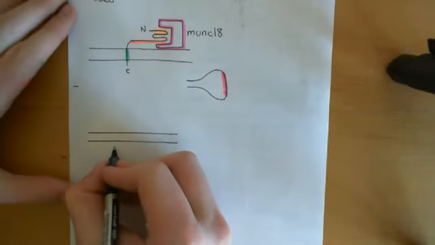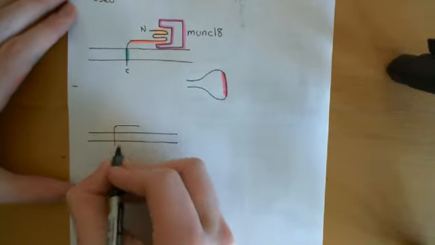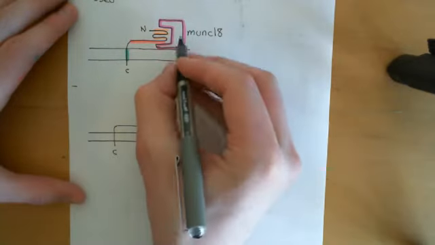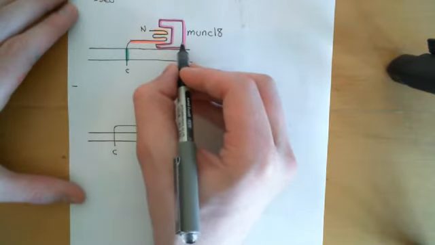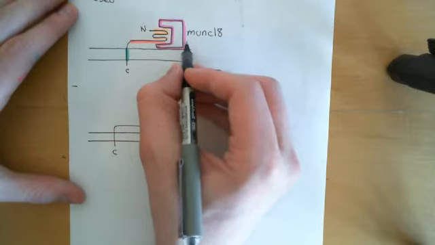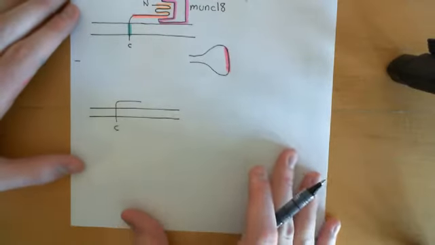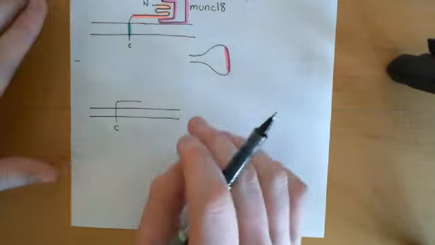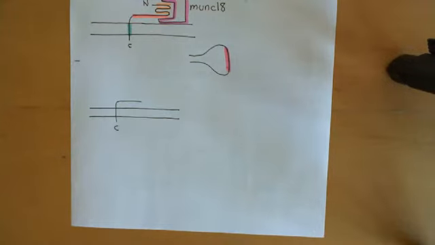Let's say our syntaxin 1 has now arrived here, and it's still locked in place by the MUNC18. The idea now is that other proteins in the active zone are going to bind to the MUNC18 and facilitate it changing its conformation, changing the way that it binds to syntaxin 1, so that it now binds to syntaxin 1 in the open state.